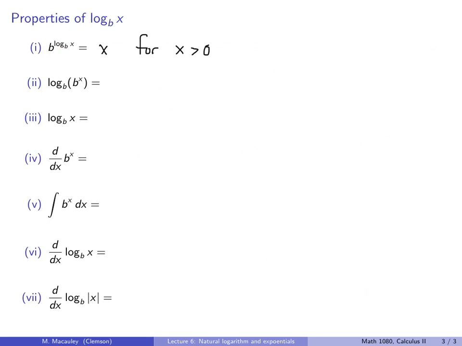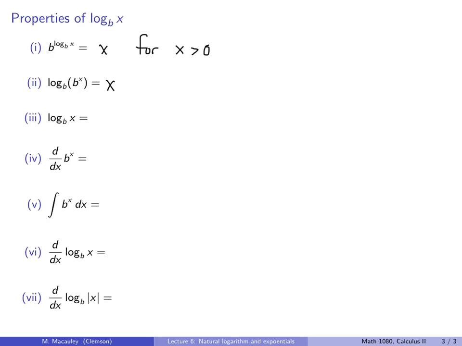Okay, for the second one, it's similar. Again, log base b and b to the x are inverse functions, so this is going to be equal to x. Here we get a little bit lucky. b to the x is always greater than 0, so this is always defined even if x is negative.